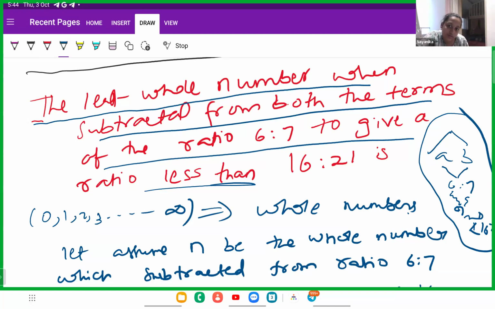The demand is that it should be the least whole number. You know what a whole number is? And it should be less than the given ratio, and the ratio given is 16 is to 21, and what is to be subtracted is given. Three things are already given in the question.